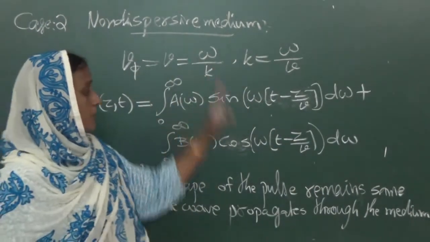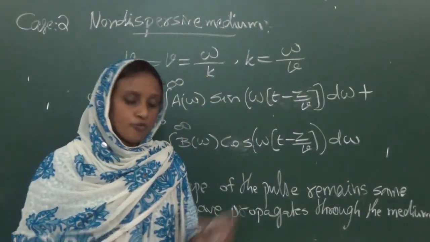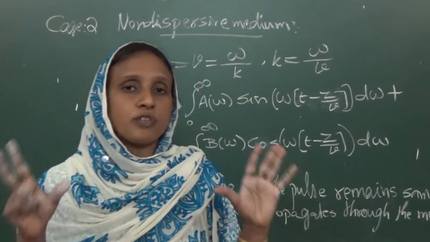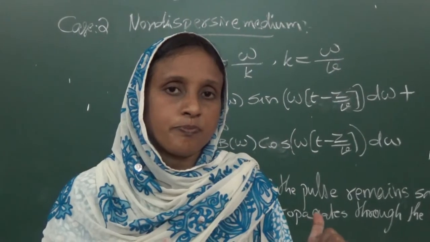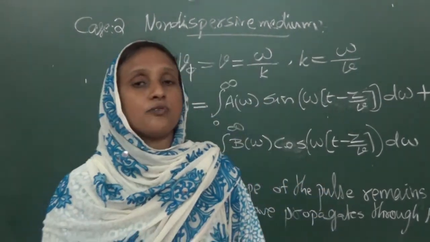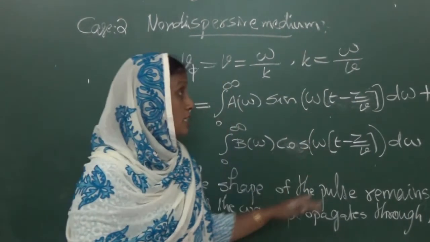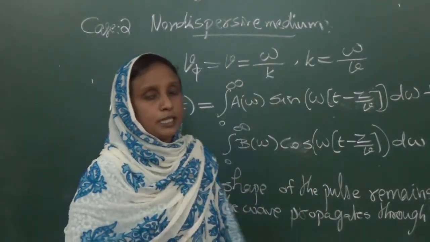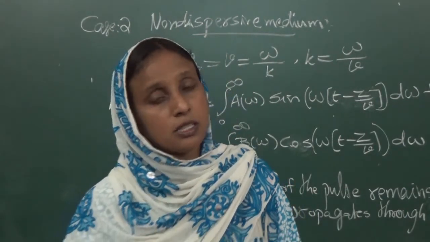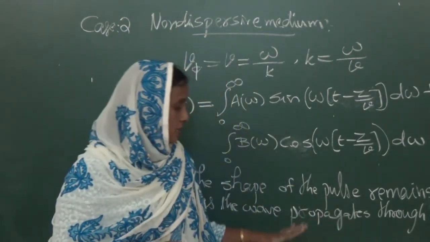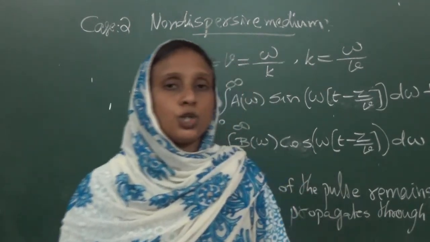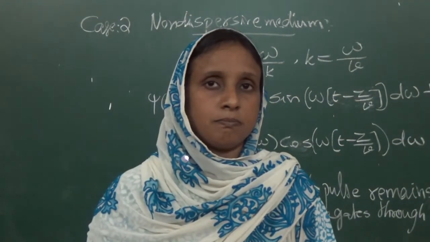So in the case of a traveling wave, if the wave propagates through a dispersive medium, the shape of the pulse changes because each frequency component moves with different velocity. But in the case of a non-dispersive medium, all frequency components move with the same velocity and the pulse maintains its shape throughout its propagation through the medium.